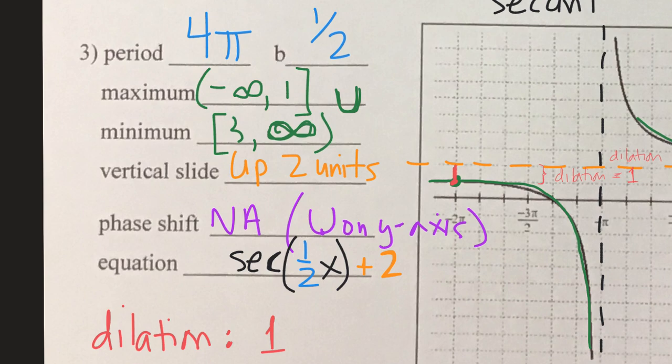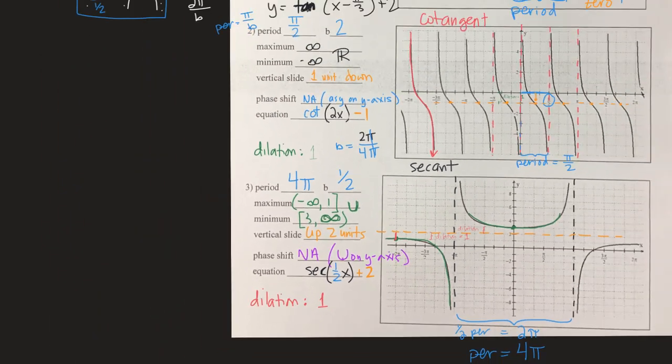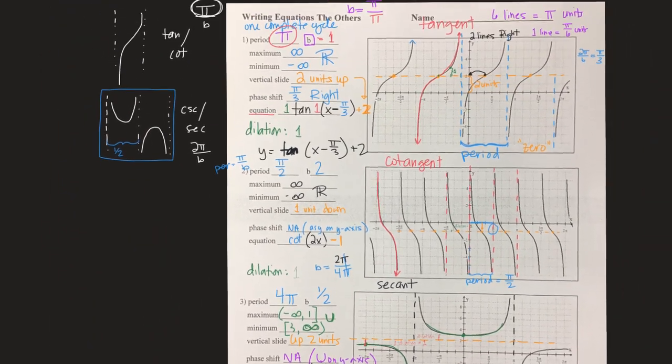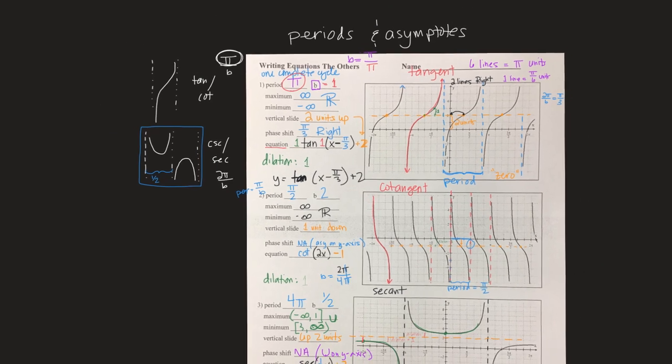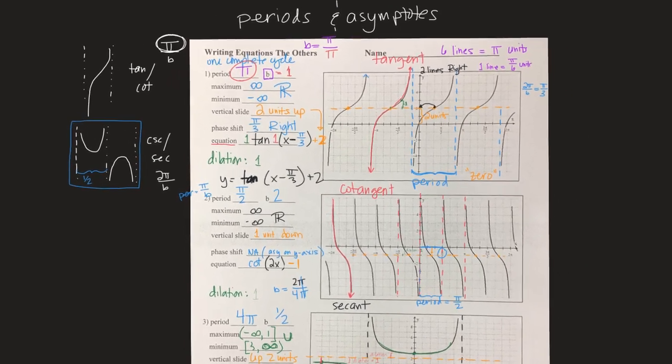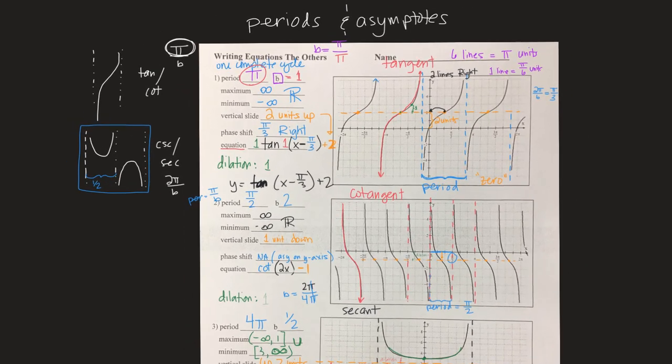Both of those things are the same. Okay, so it's important to understand what information we are looking for to justify one entire period. For tan and cotan, that's just one set of asymptotes, one pair. And for cosecant and secant, it's 2 pairs, giving you an entire upward-facing U and an entire downward-facing U.